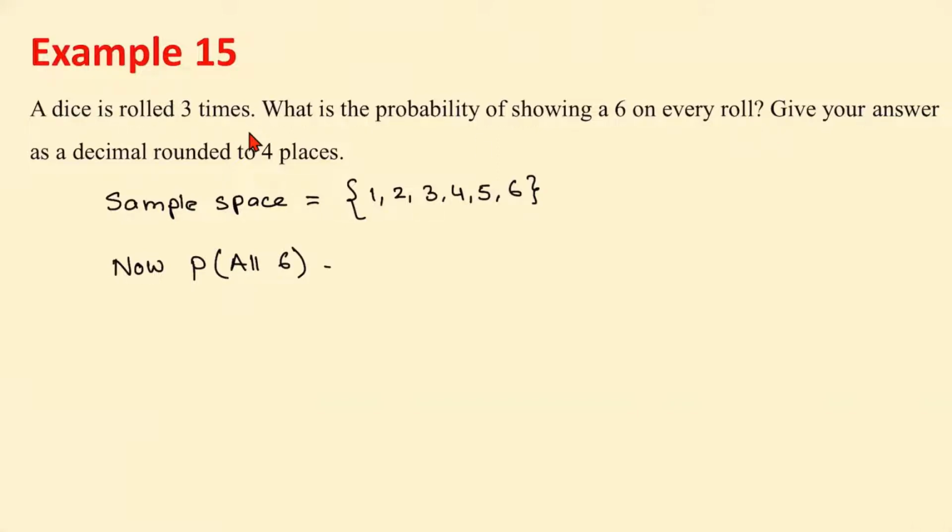That means we are looking for the probability of getting 6 the first time, the second time, and also the third time.